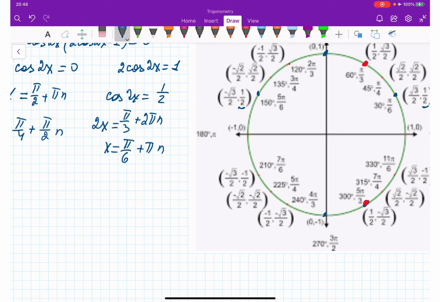And the other case, 2x is equal 5 pi over 3 plus 2 pi n, and x is equal 5 pi over 6, I'm sorry, plus pi n.